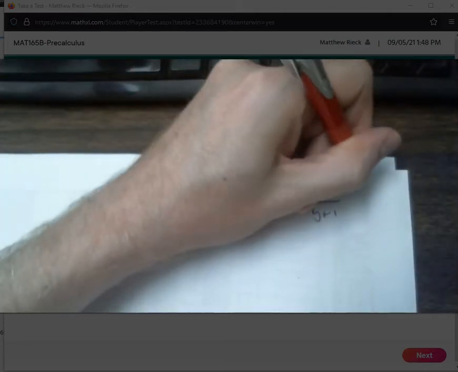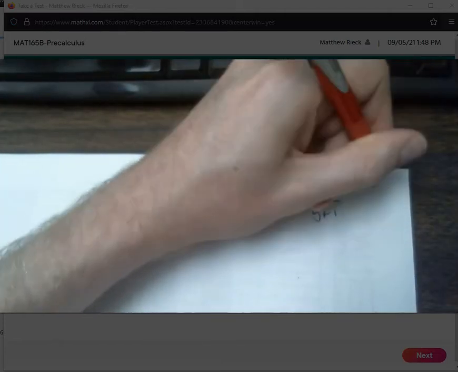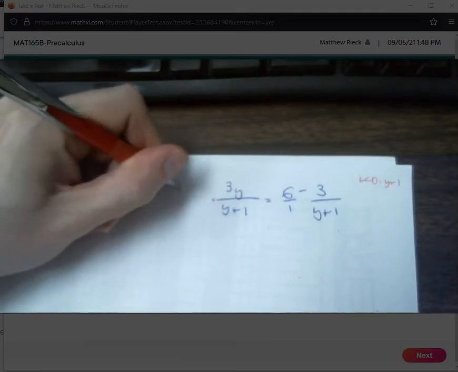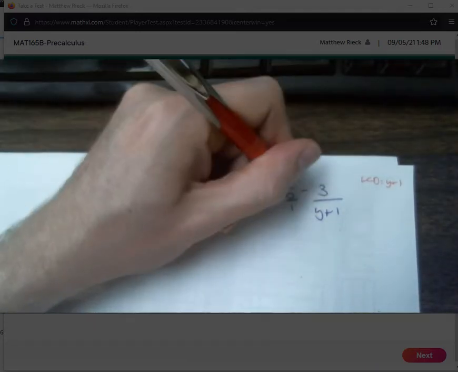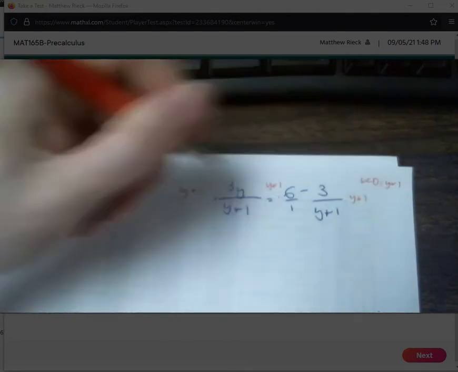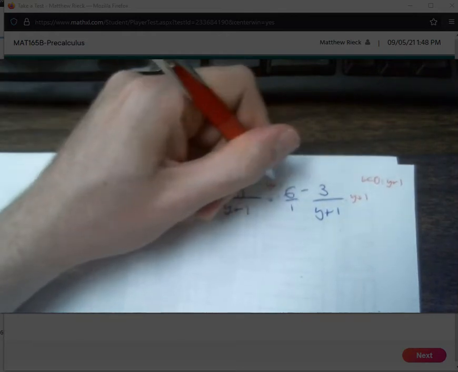So again, the least common denominator is going to be y plus 1 in this case, so I'm just going to multiply everything times y plus 1. There, the y plus 1's will cancel.